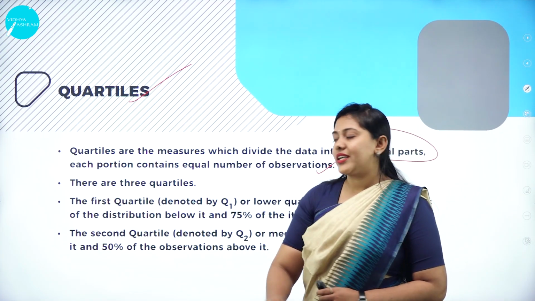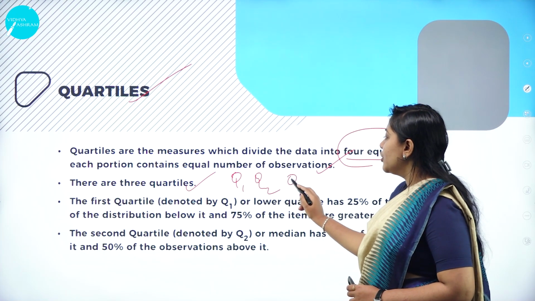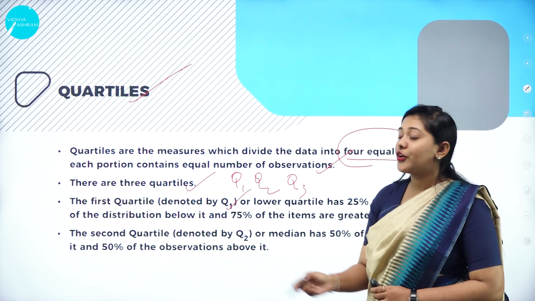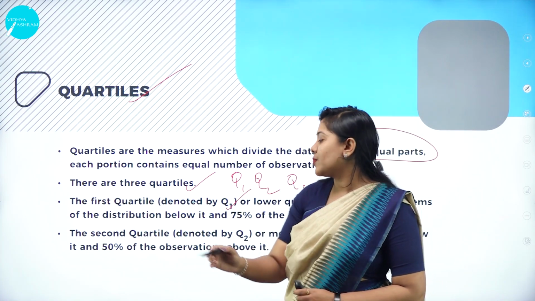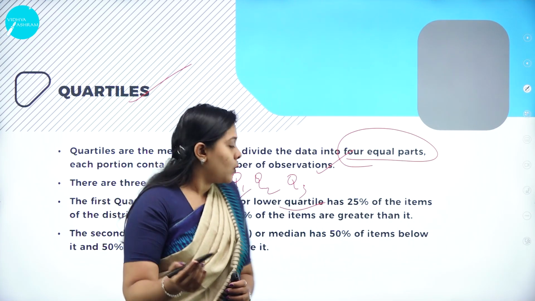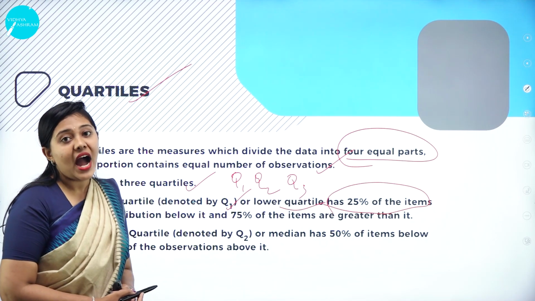There are 3 quartiles, namely Q1, Q2 and Q3. The first quartile is denoted by Q1 and it is also called the lower quartile, and it has 25% of the items.